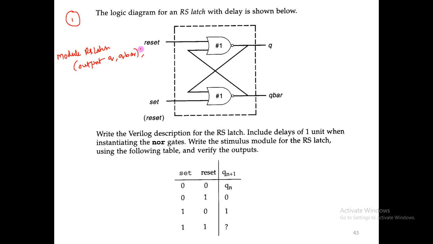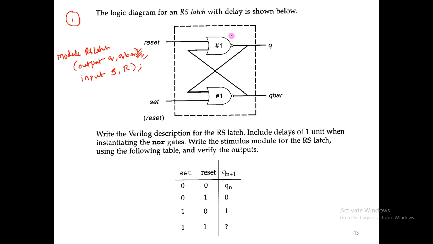What about inputs? Remove the bracket, put a comma. Input is, let me call it S and R rather than reset and set. Close the bracket and semicolon. There are no intermediates required here, so directly you can start writing the code using the gate level style of modeling.